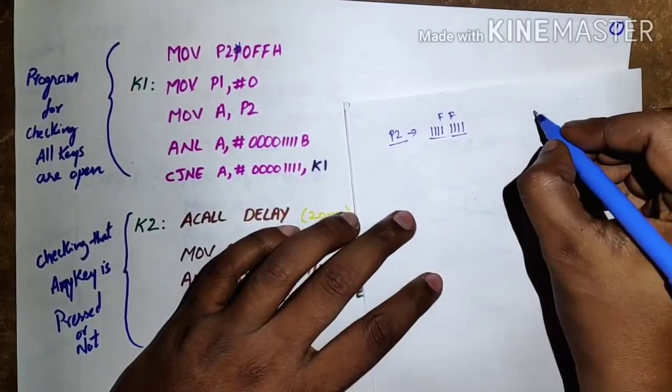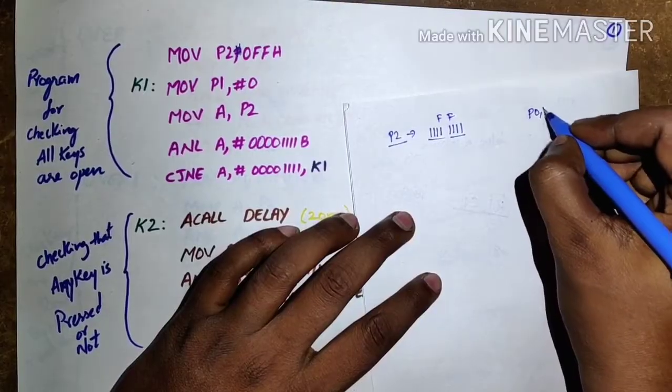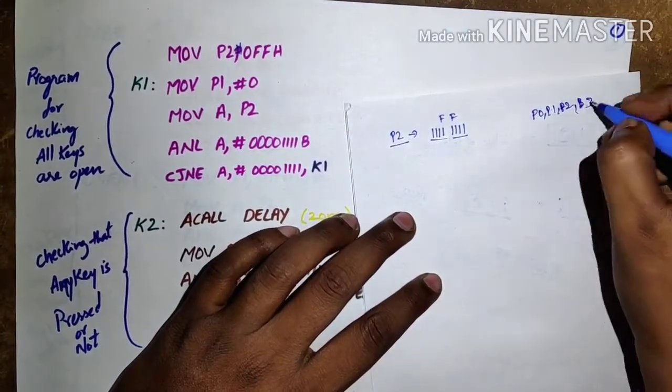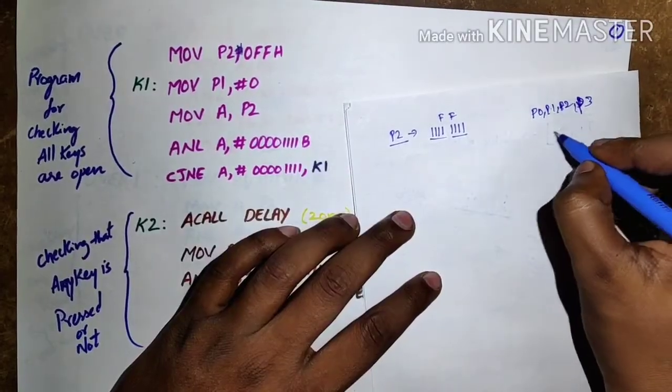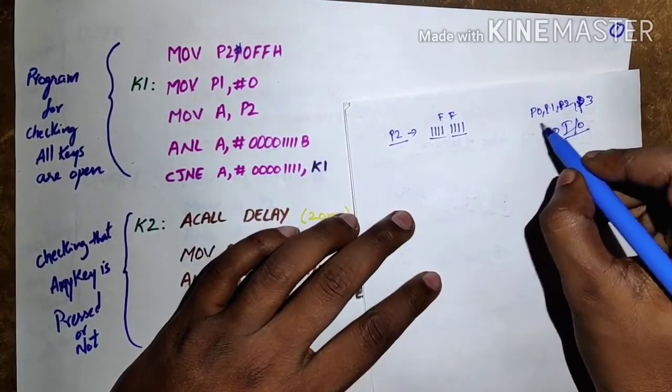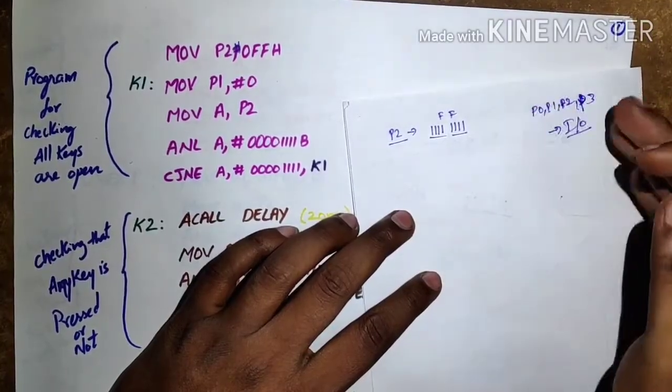Here we have 4 ports, P0, P1, P2 and P3. These are all input output ports, so we can use these ports as inputs as well as outputs.